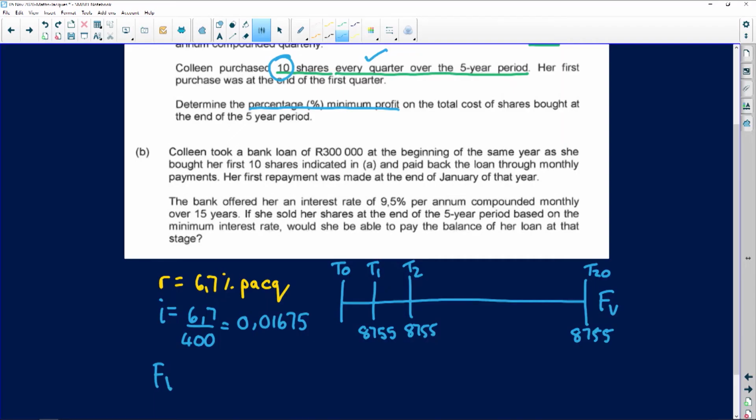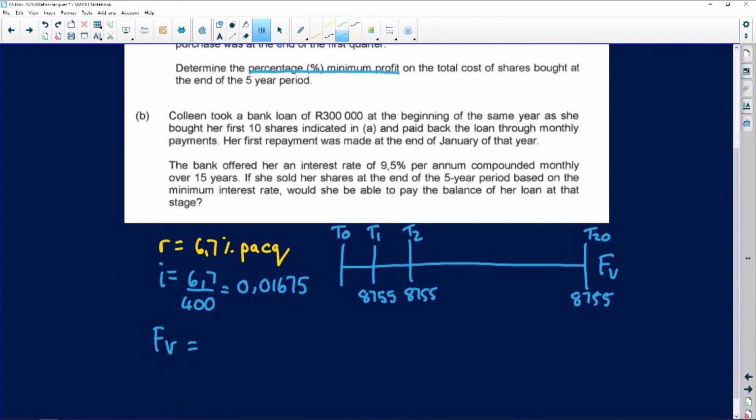My future value: it is an annuity, and the reason is that it's regular payments at regular intervals. So it's 8755 times 1.01675 to the power of 20 compounding periods, remember, that's what the exponent represents, the number of compounding periods that took place, divided by 0.01675.